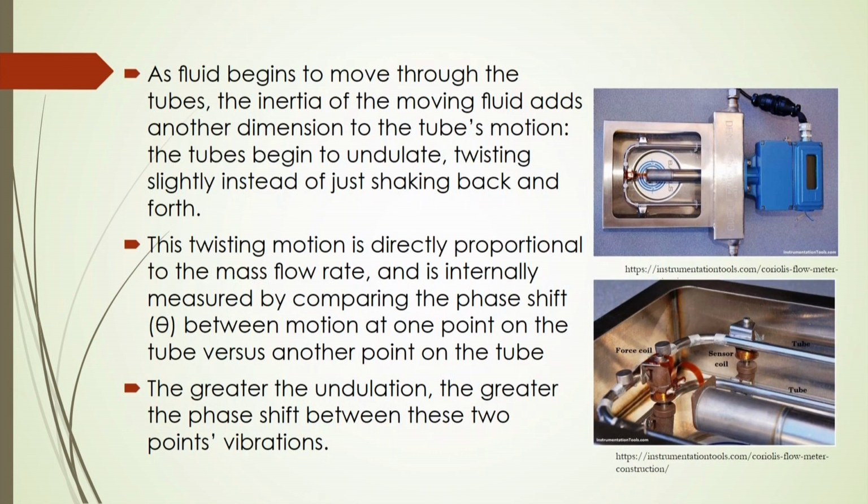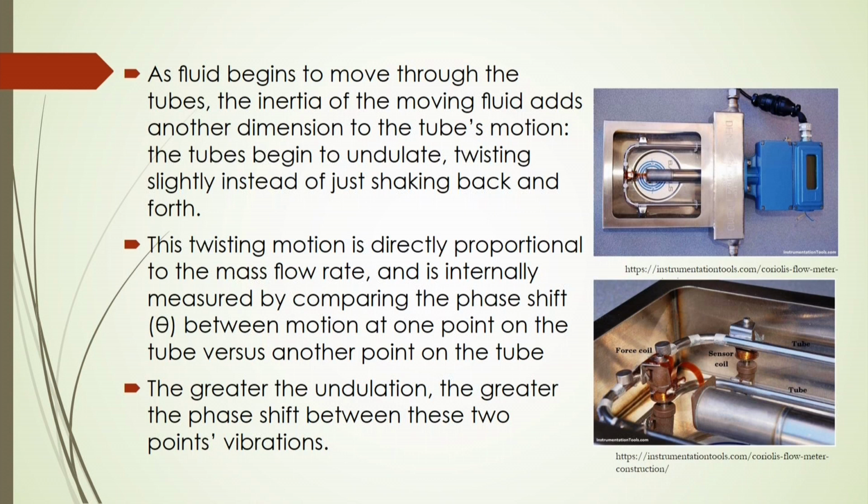In that case, the inertia of the moving fluid adds a dimension, other than vibrating or shaking, to the tube's motion in the other direction, and the tubes begin to undulate, twisting slightly instead of just shaking back and forth. This twisting motion is directly proportional to the mass flow rate, and is internally measured by comparing the phase shift, theta, between the motion at one point on the tube versus another point on the tube.